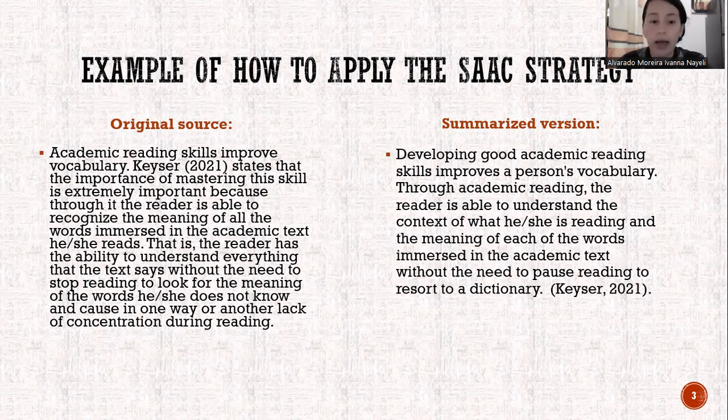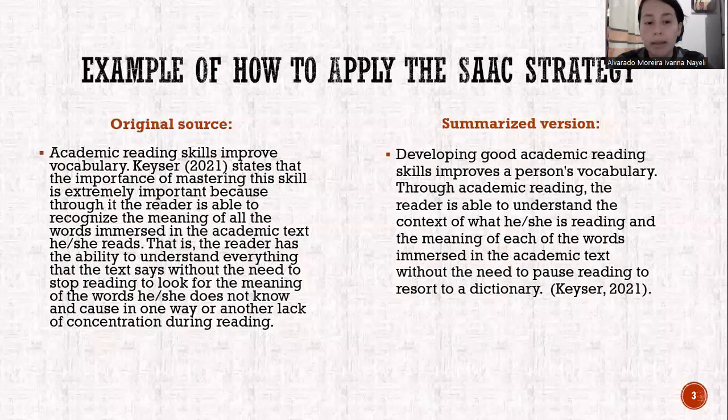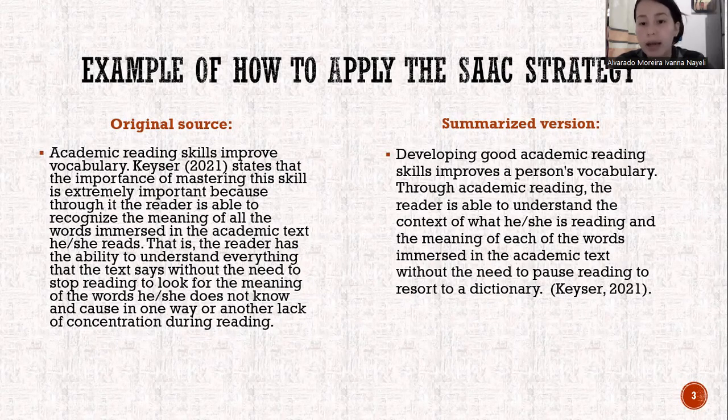SAAC strategy. Okay, on the left side, we have the original source, and on the right side, we have the summarized version. Okay, to summarize this original source, we have an acronym. In this case, an acronym for the word SAAC.